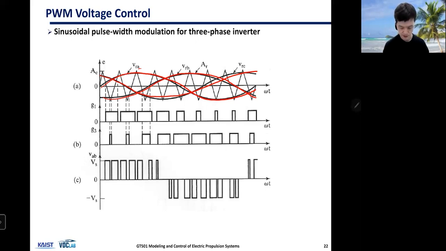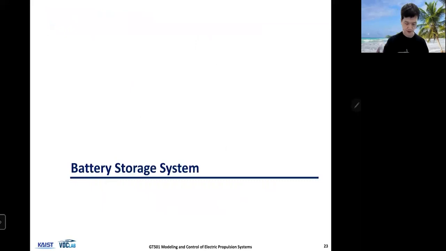And then you're looking at different durations, switching control and durations to generate this smooth sinusoidal signal. Okay.